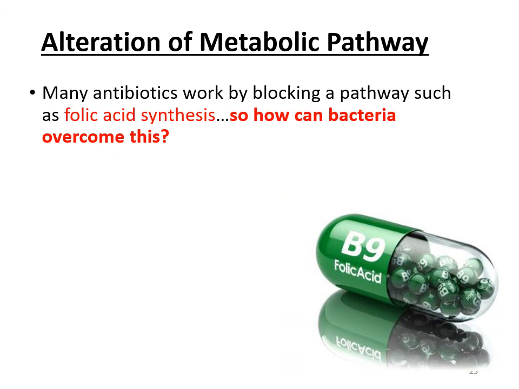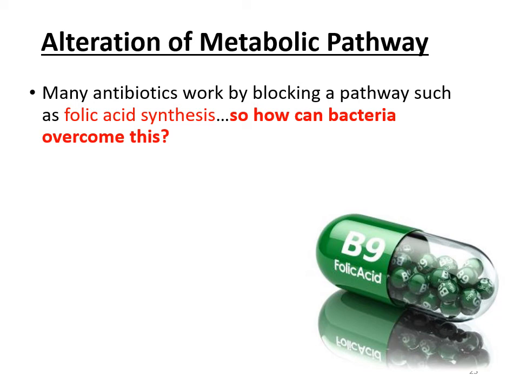The last mechanism for the resistance of antibiotics is alteration of the metabolic pathway. And like I said, for this one, always think of folic acid synthesis. Now, when we talk about folic acid, the first thing you should always ask yourself is what exactly is folic acid used for?